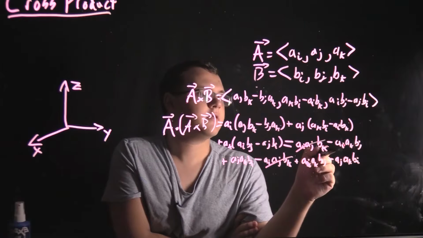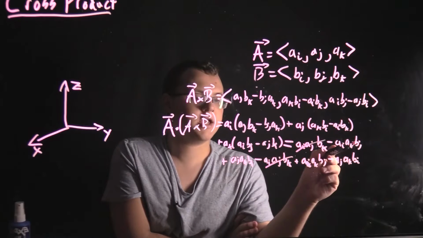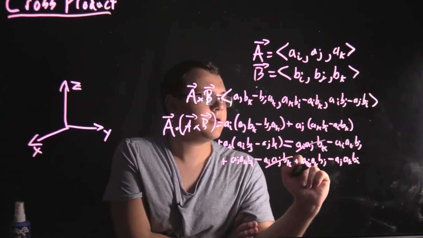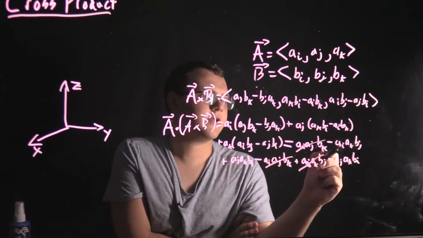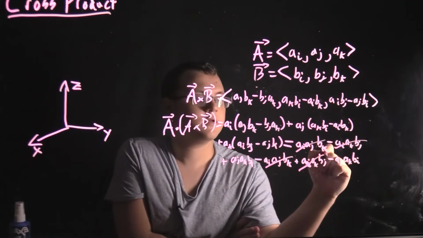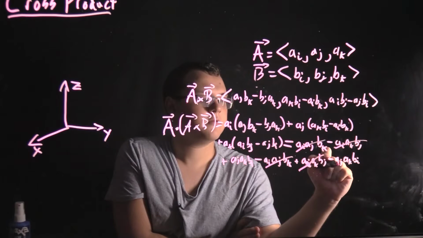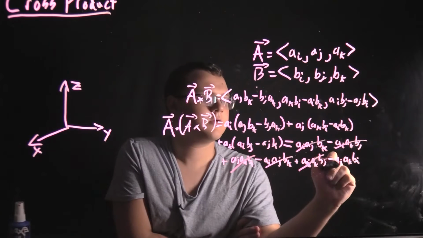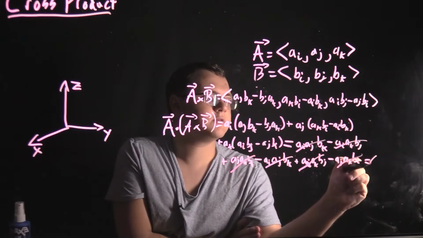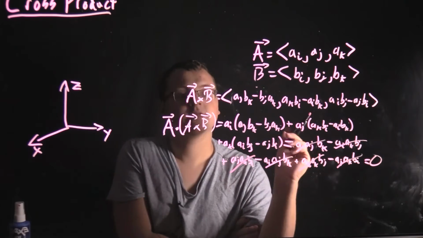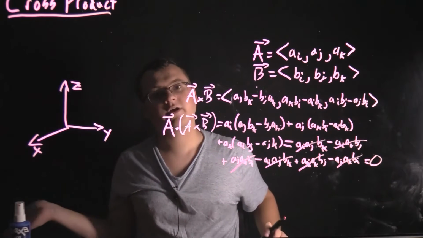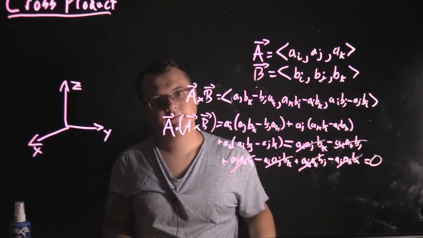Negative AI AK BJ, AI AK BJ. Those factor out. AJ AK BI, AJ AK BI. Okay, that equals 0. So when the dot product between two vectors is 0, that means they are perpendicular.